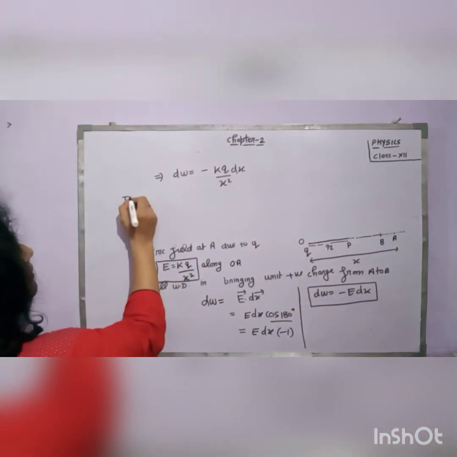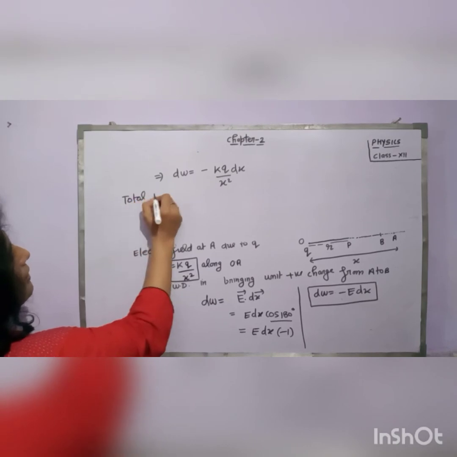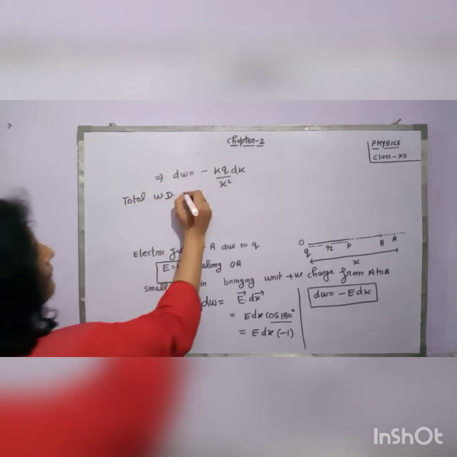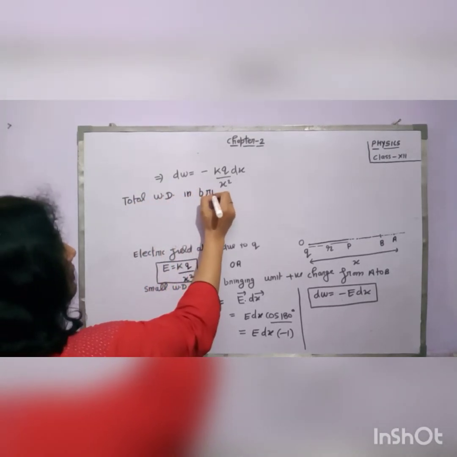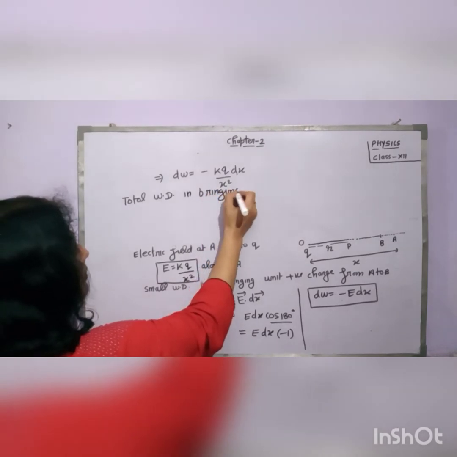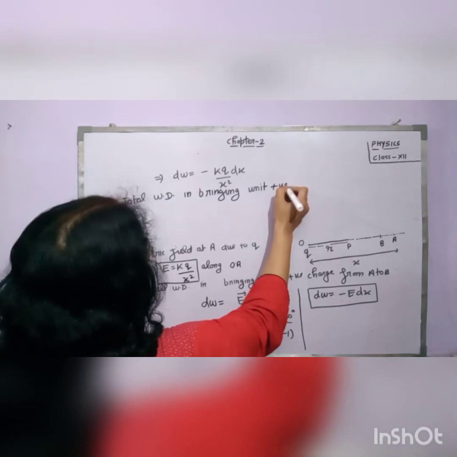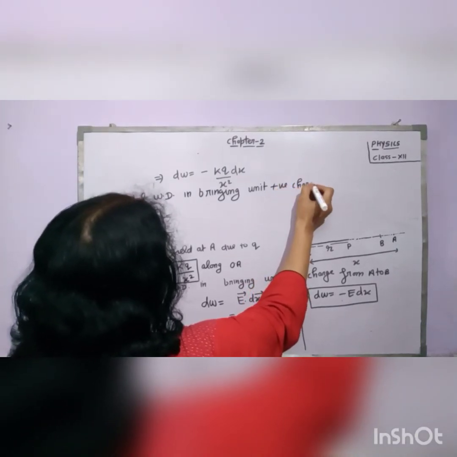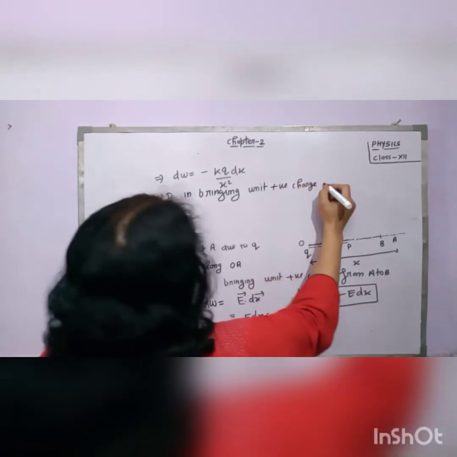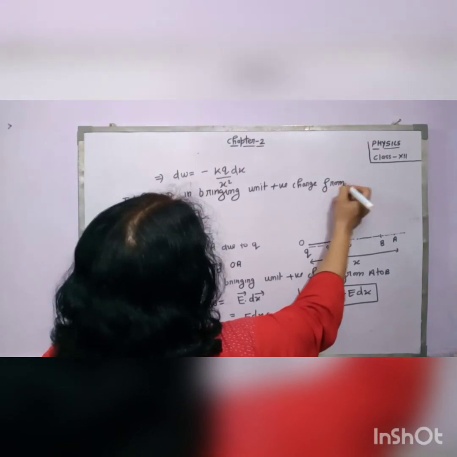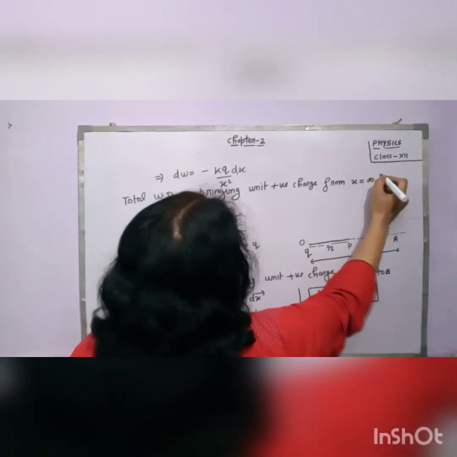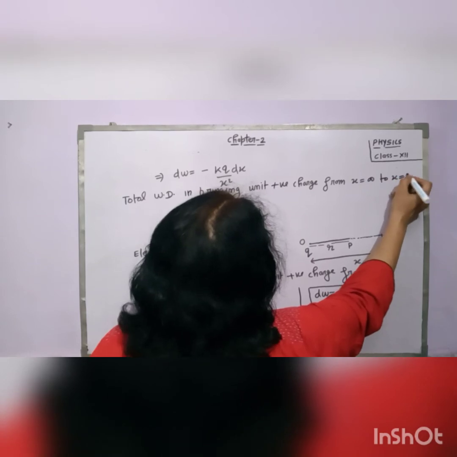Now total work done in bringing unit positive charge from x is equal to infinity to x is equal to r.